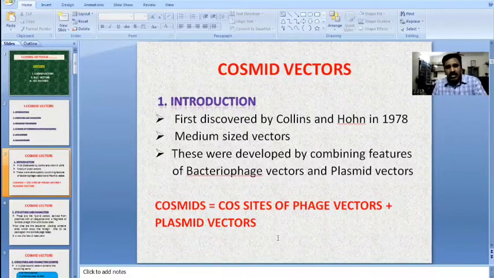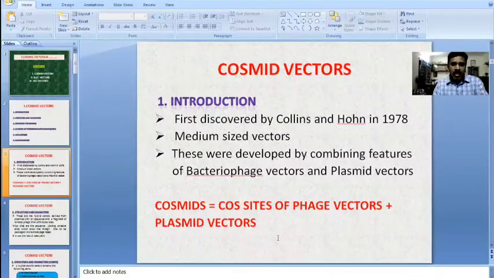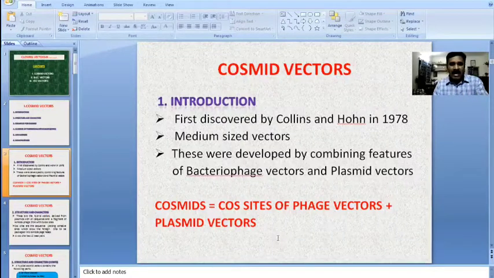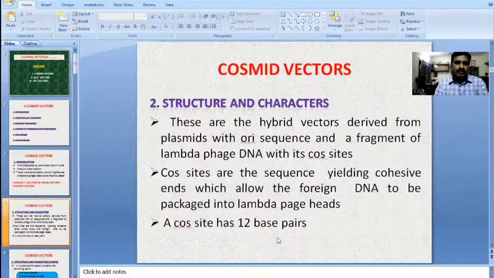These were first discovered by Collins and Hohn in 1978. These are medium-sized vectors. They were developed by combining the features of both bacteriophage vectors and plasmid vectors. So here cosmid equals cos, meaning cos sites of the phage vectors, and mid, meaning a part of the plasmid vector.